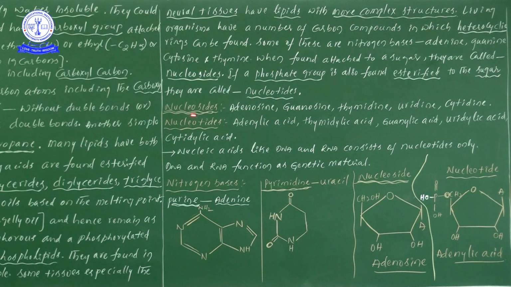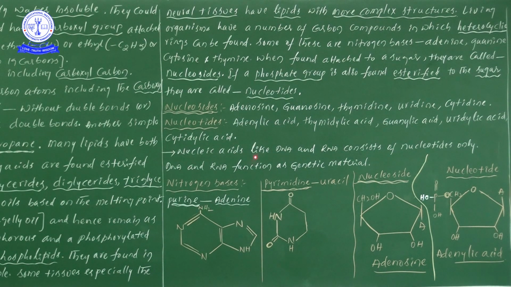Nucleosides means adenine plus pentose sugar is converted into adenosine, likewise all these. Next one, nucleotides: adenylic acid, thymidylic acid, guanylic acid, uridylic acid, and cytidylic acid. Likewise, when acid comes, you try to remember it as a nucleotide. Next one, these two points are easy only.